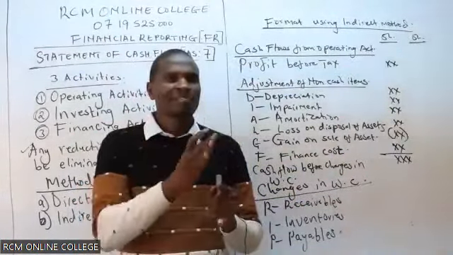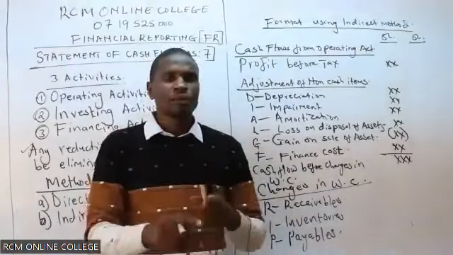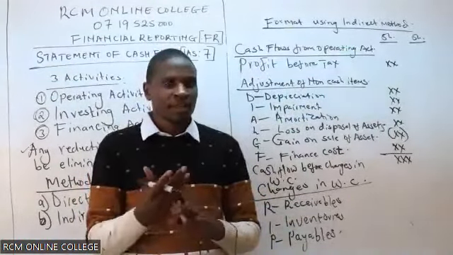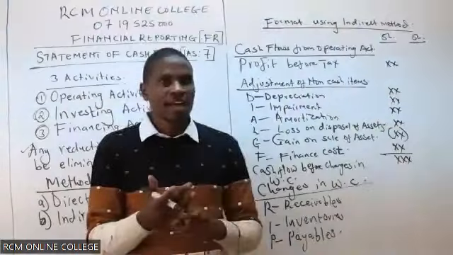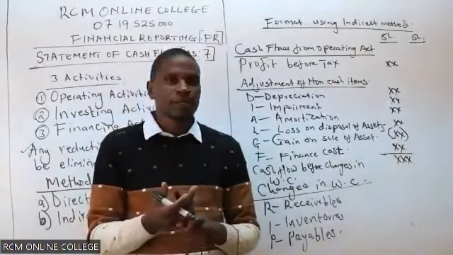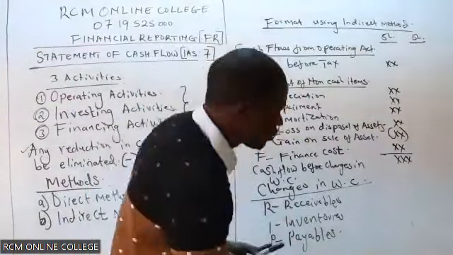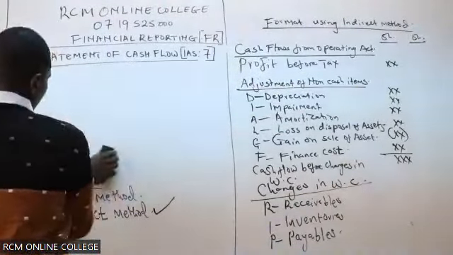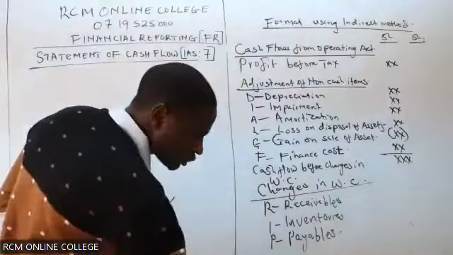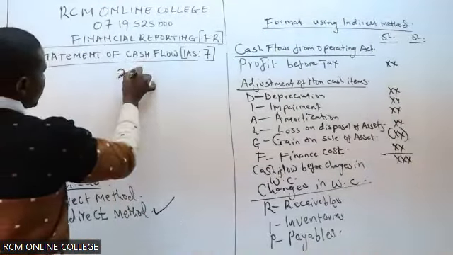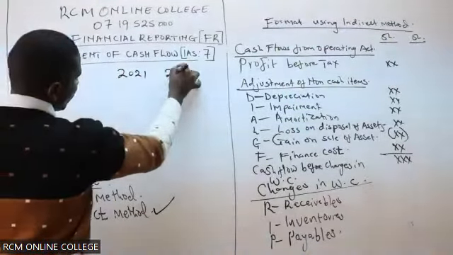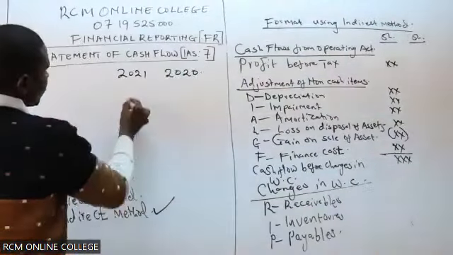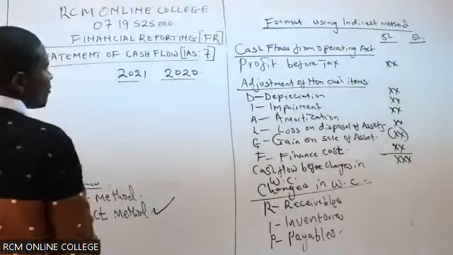Of course, we'll be having two periods, the previous and the current. So you check. For example, I have year 2021 and 2020. This is the current year, the previous year.